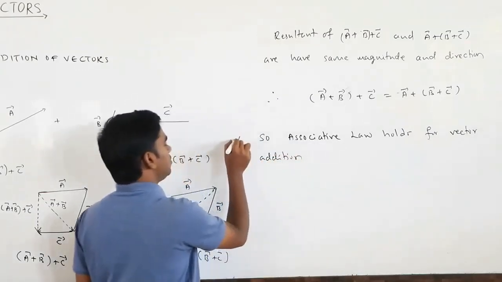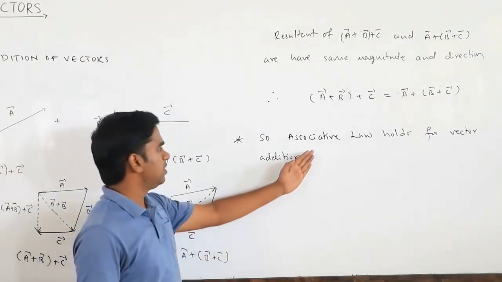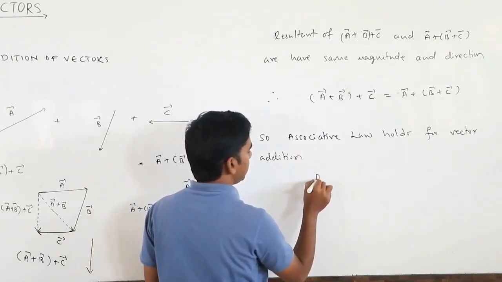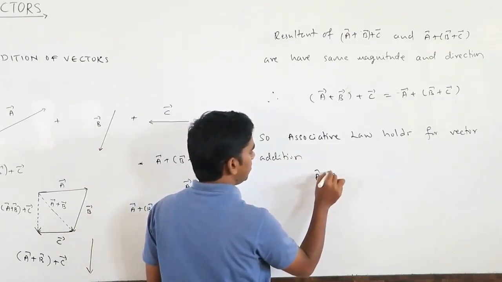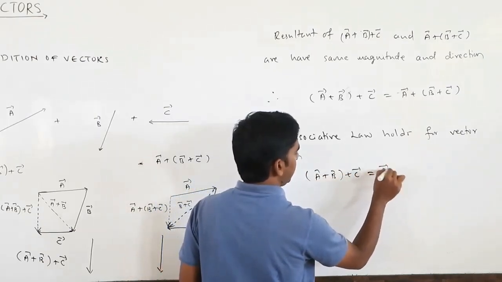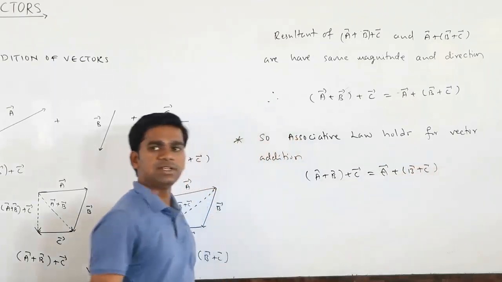Okay, so this is going to be the second property. What does the associative law suggest? Associative law suggests that A plus B plus C is equal to A plus B plus C. This is what we call the associative law.